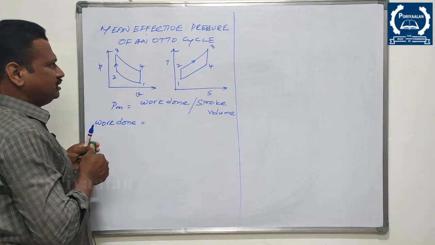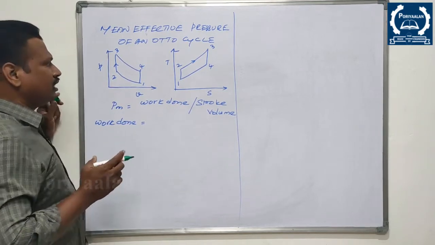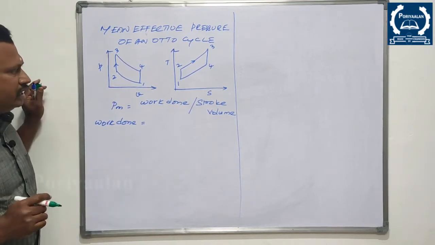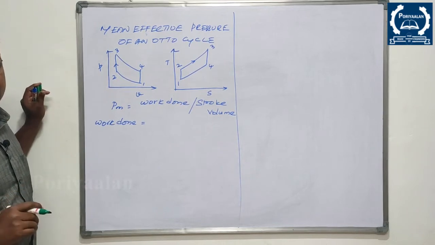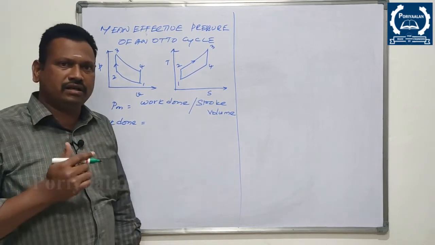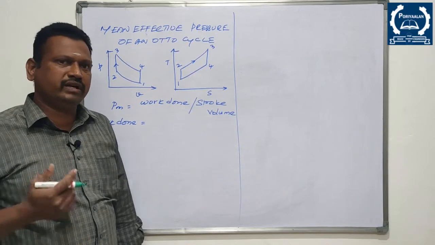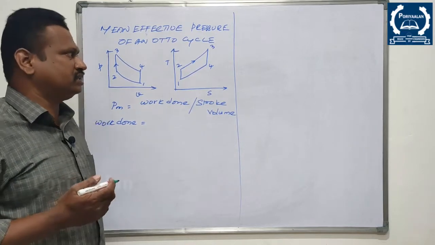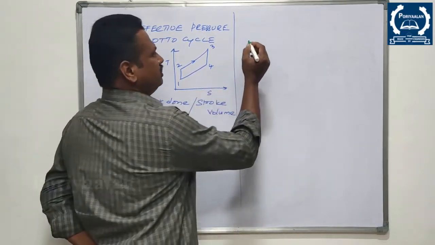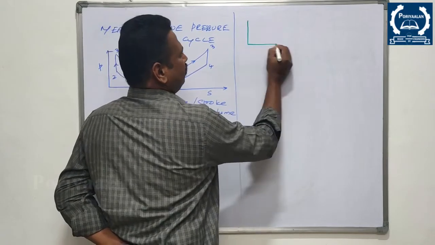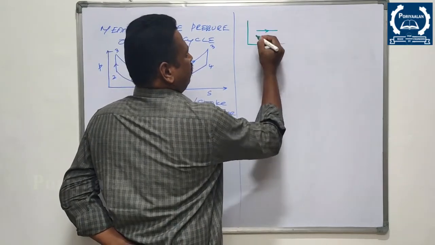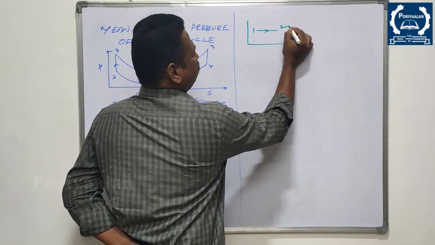A concept is there: the area under the curve in the PV diagram will provide the value of work done. Let me share this small PV diagram. This is 1 to 2.